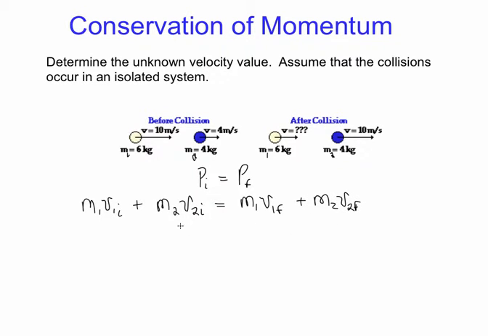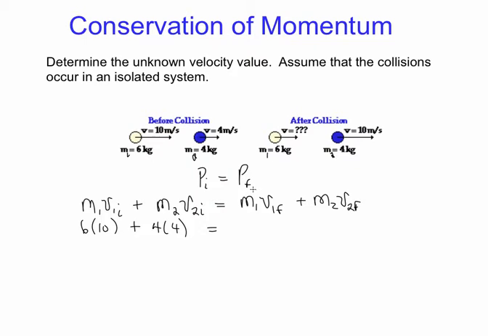All I'm doing is summing up the momentums of all the objects before the collision and after the collision. So let's start plugging in some values. We know that M1 has a value of 6 kilograms. V1 initial, this is before the collision, is 10 meters per second, plus M2, which we said was 4 kilograms, and V2 initial is also 4 meters per second.